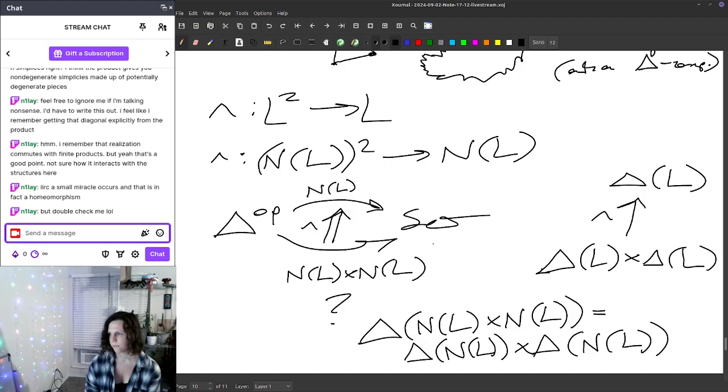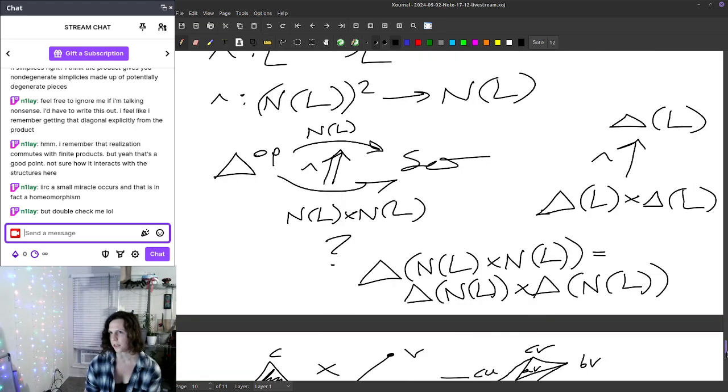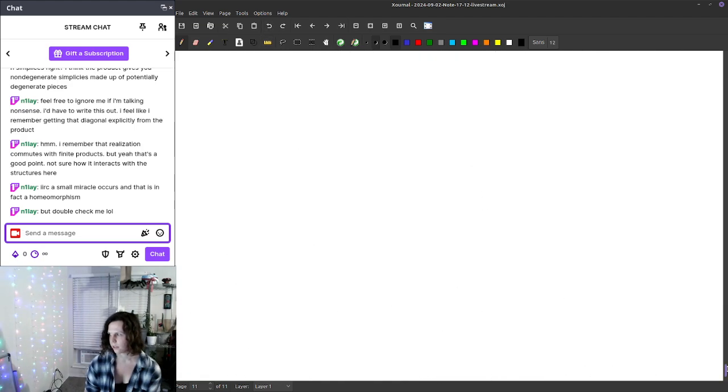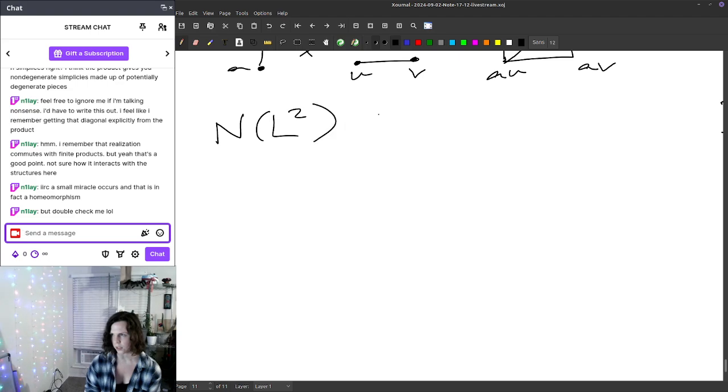Okay, so now what I'm thinking is, this isn't the way I was originally thinking of it, but if I take the nerve of L squared, what does that look like? Well, the objects of L squared are pairs of objects, like X and Y in L, and then what is an n-cell of the nerve of this thing?